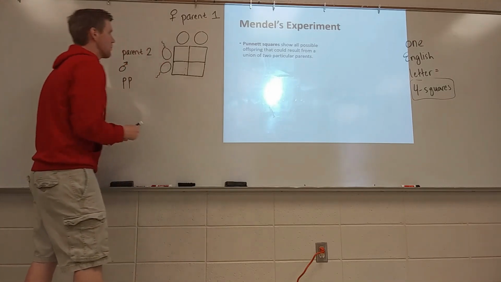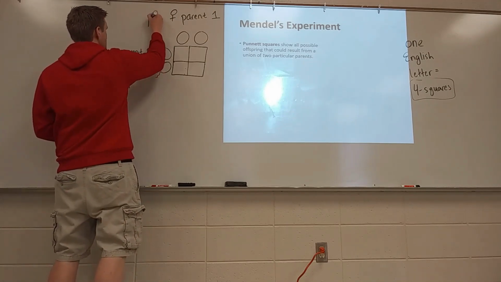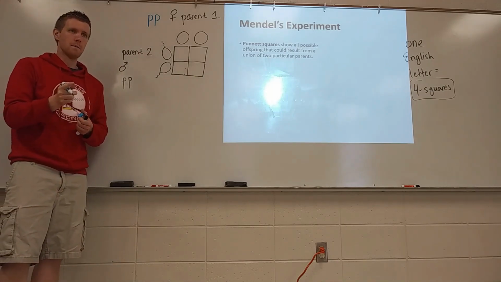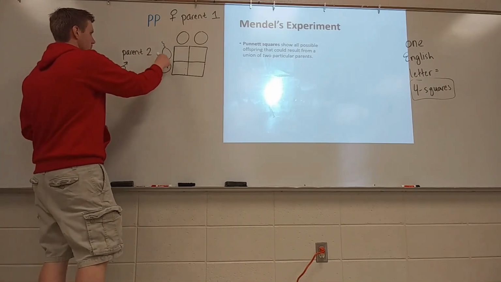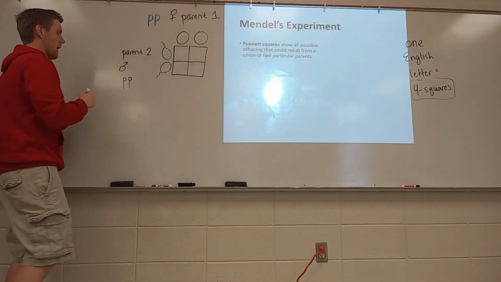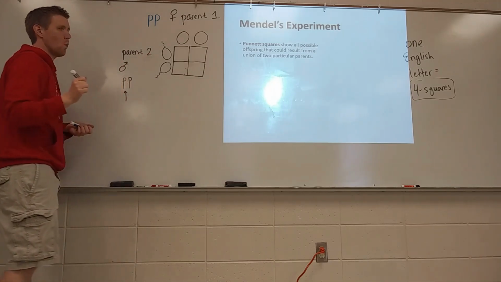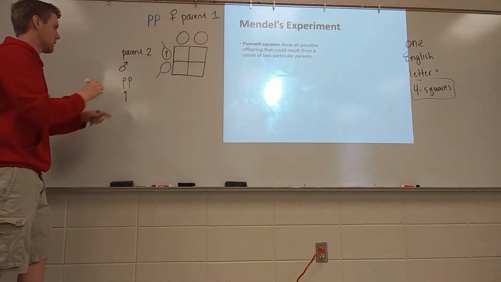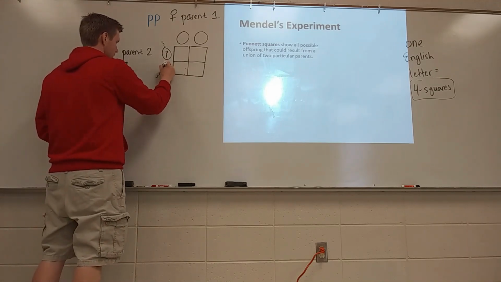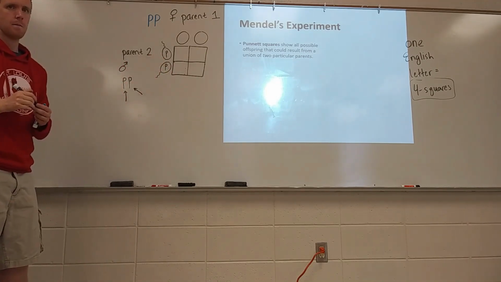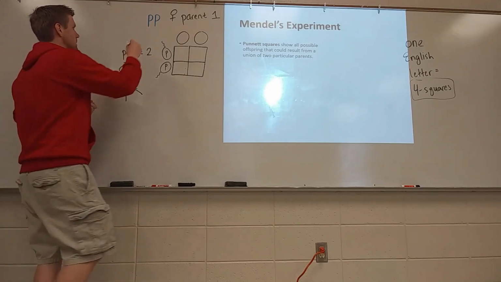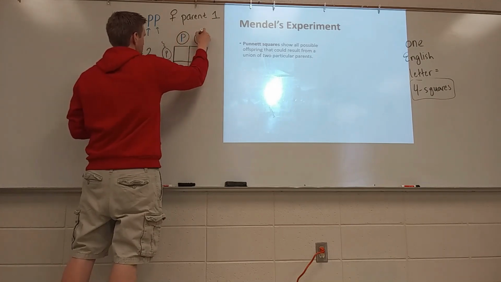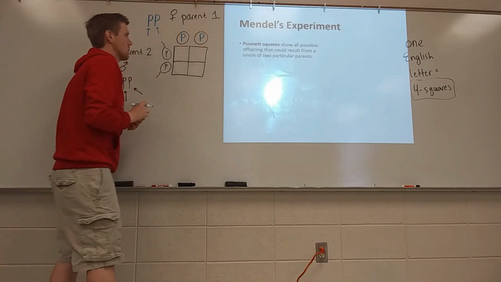And we'll use blue to represent the purple allele. So our other parent in this union had 2 copies of the purple gene. So parent number 2 can pass on either the first white allele, that's one possible sperm cell, or the second white allele, that's the other possible sperm cell. Parent number 1 can pass on the first purple allele or the second purple allele. Those are possible egg cells.